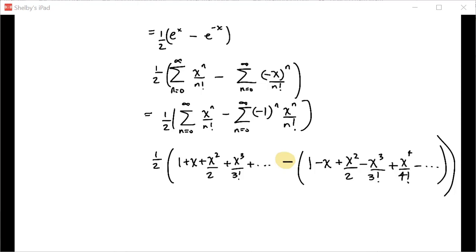So which terms are going to cancel? The evens cancel. The odds get multiplied by 2.